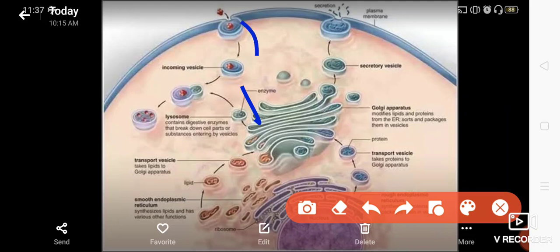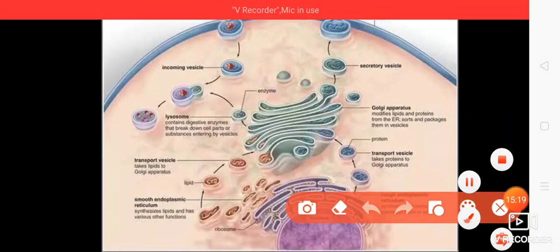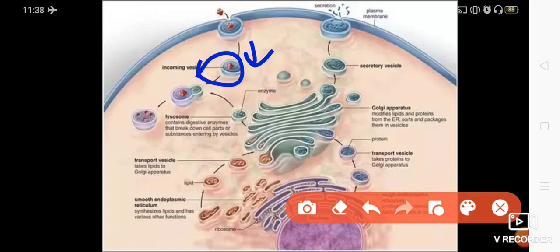Now if any material is coming from the cell membrane, any foreign particle has entered, it could be a germ also, it will come inside the cell by packing into vesicles.